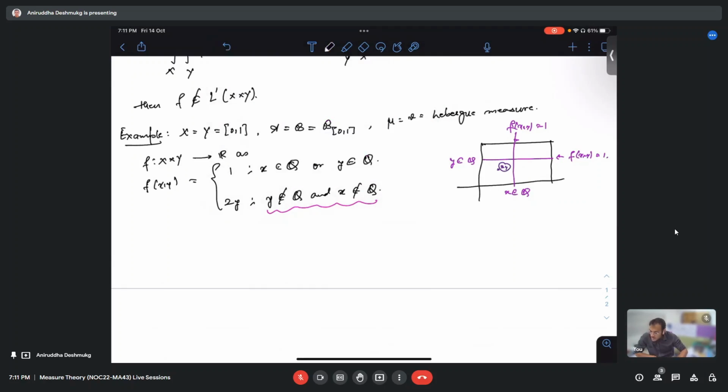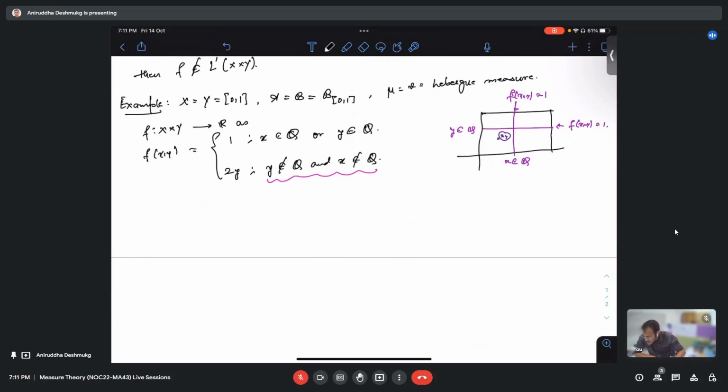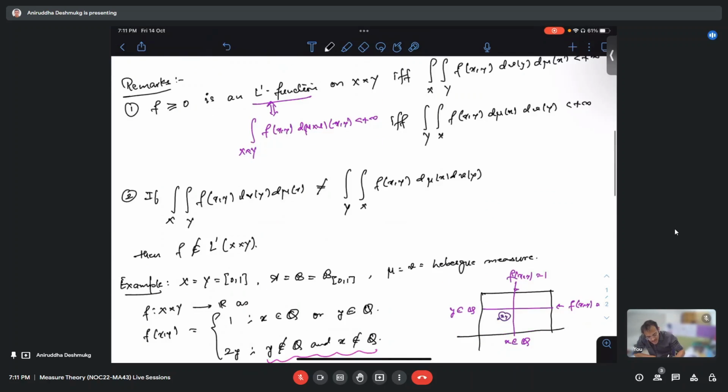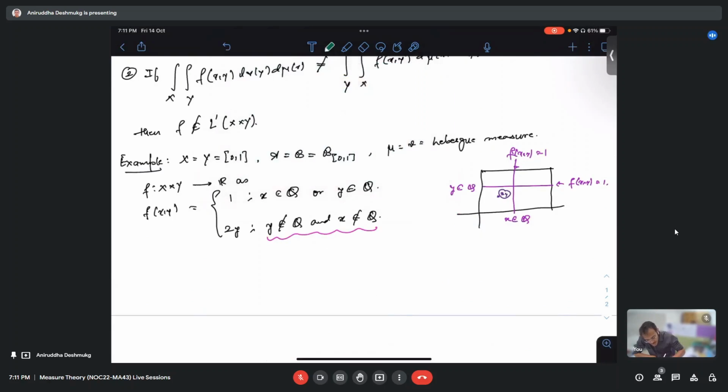Now, what can we say about its integrability? One can check the measurability, it is not a big deal. So let us check whether it is integrable or not. Since it is a non-negative function, let us observe that f is non-negative for every (x, y), because either it is 1 or it is 2y, and y is a non-negative real number.